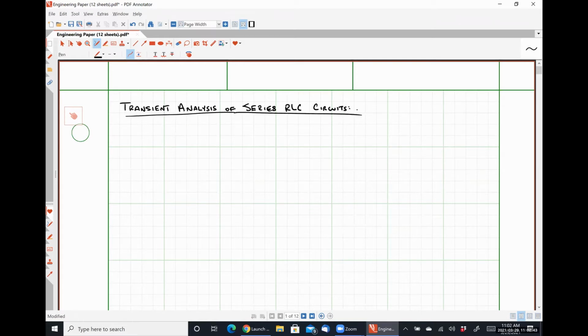All right, so let me draw a quick picture of a series RLC circuit, so we have some basis with which to talk about. I'm going to call this voltage V naught.